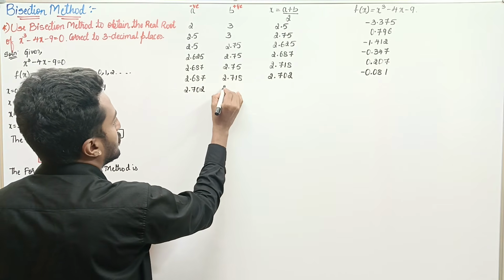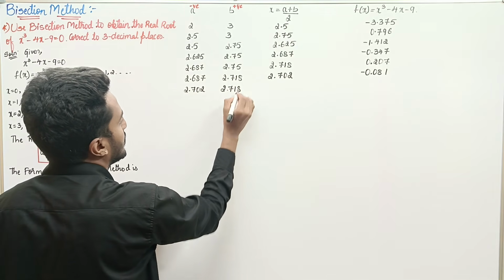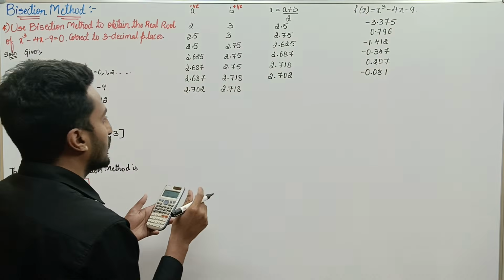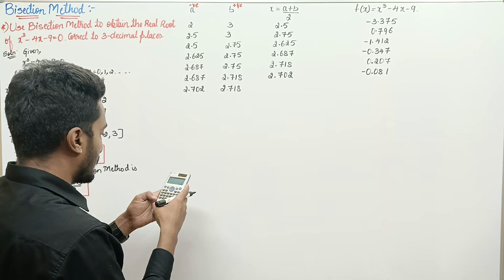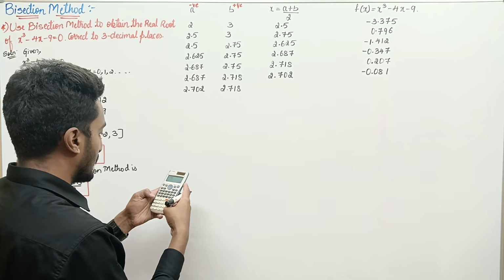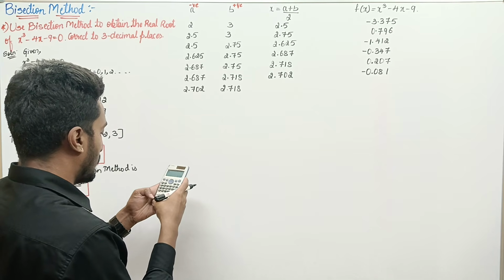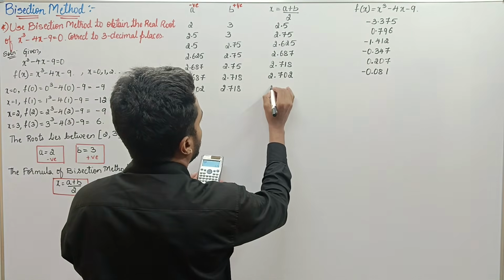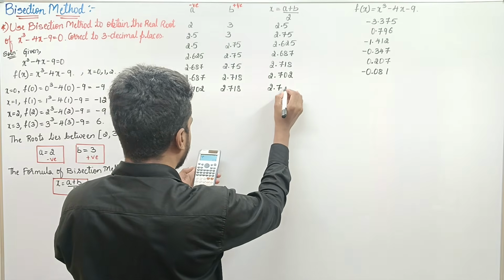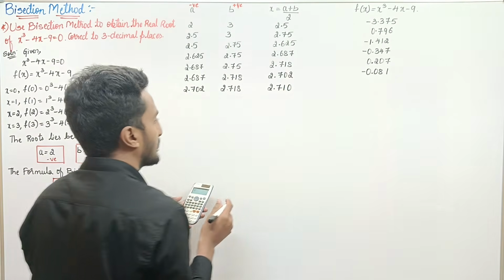2.702, 2.718 remains constant. Okay, now again calc, what is the value of A? 2.702 equals B, 2.718 equals, you get 2.710.